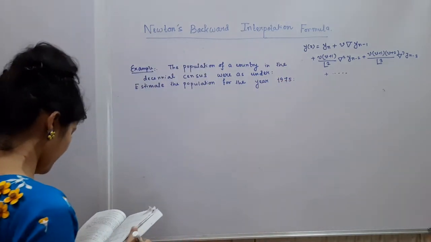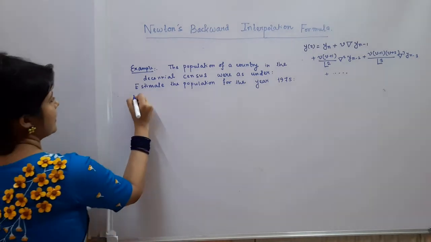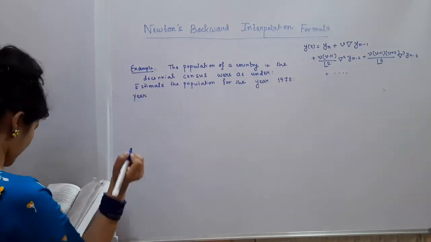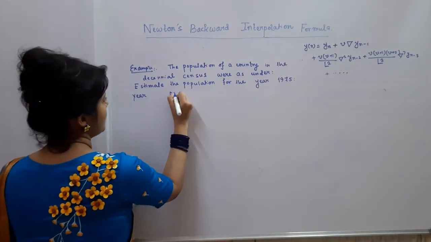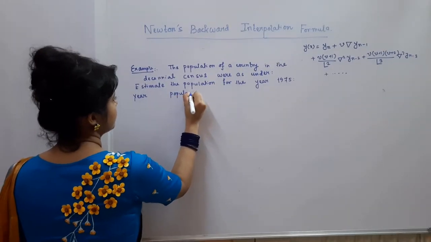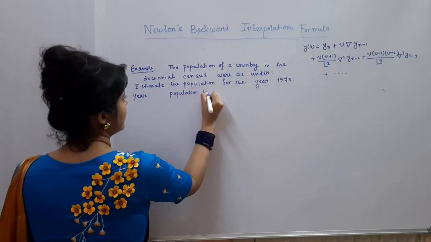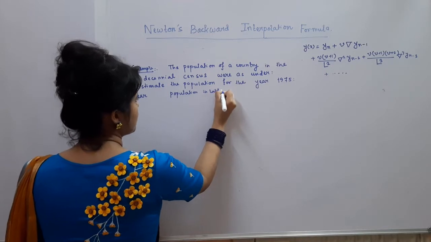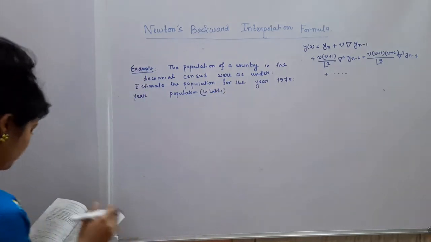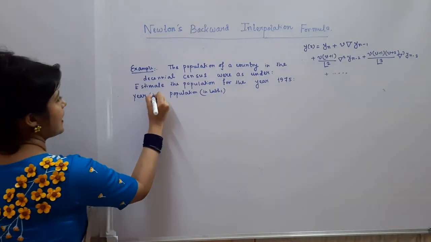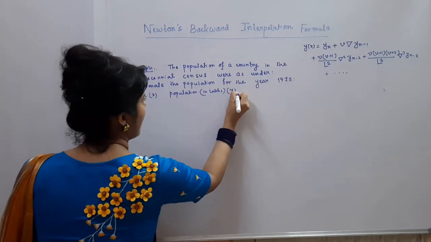1975. Okay, now the data is like that, this is the year and this is the population in lakhs. I am writing it in a tabular form, this is x and this is y.